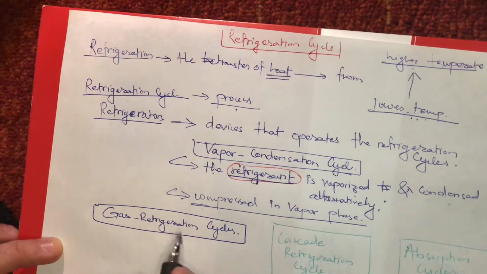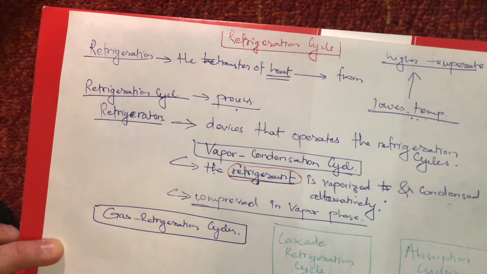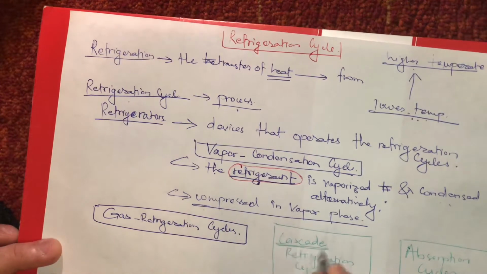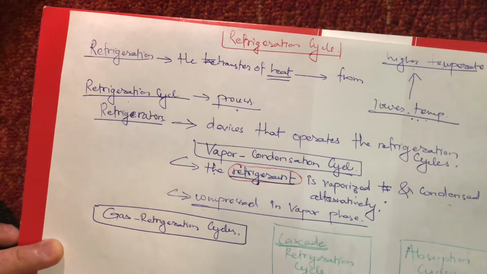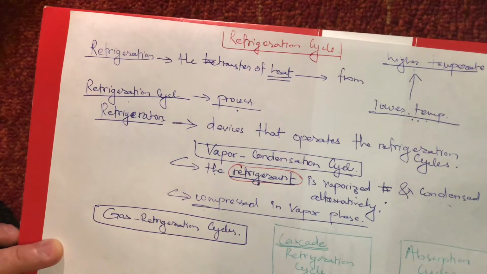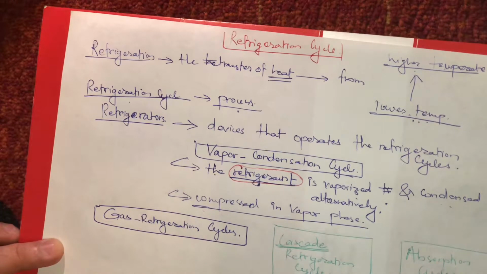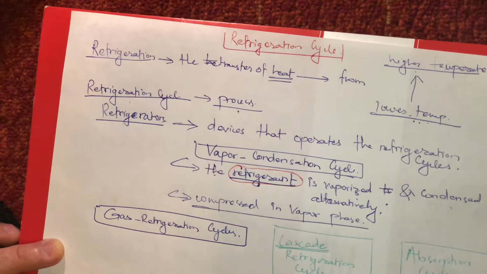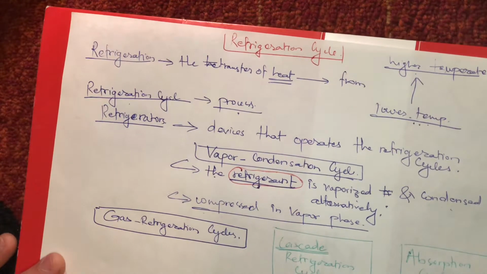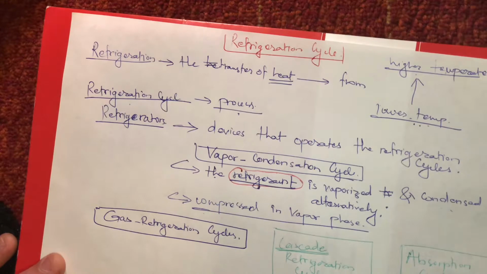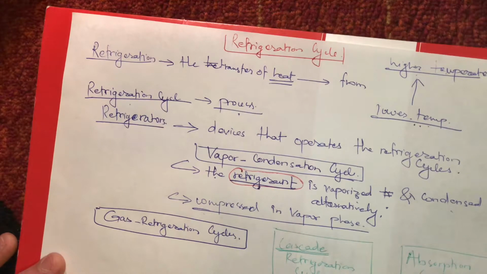What happens in the cascade refrigeration cycles is that during the process more than one cycle is involved. The word cascade is a key word here. And in the absorption cycles, the refrigerant is actually dissolved in liquid before it is compressed.